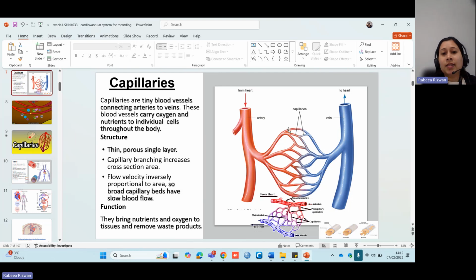Here, these vessels are like a sieve, porous, more delicate and thin-walled. What's the reason? In this way, they increase the surface area of the vessels, so the exchange of waste products, nutrients and oxygen can take place between the cells and the blood capillaries. In this way, it gives the nutrients and collects the waste products. That's how capillaries function. They are thin and porous, with a single layer.